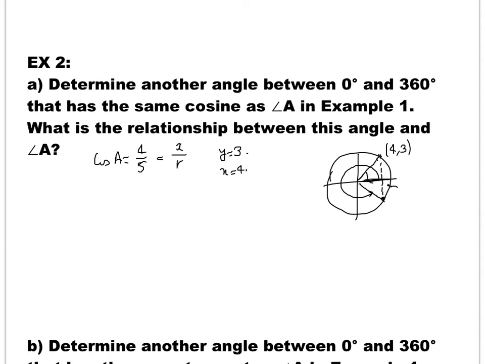Now, for this point, let's call it A prime. We see that it's going to have the same x value, which is going to be 4, but the y value is going to be negative, which is going to be negative 3. So this means that the other point is (4, -3).